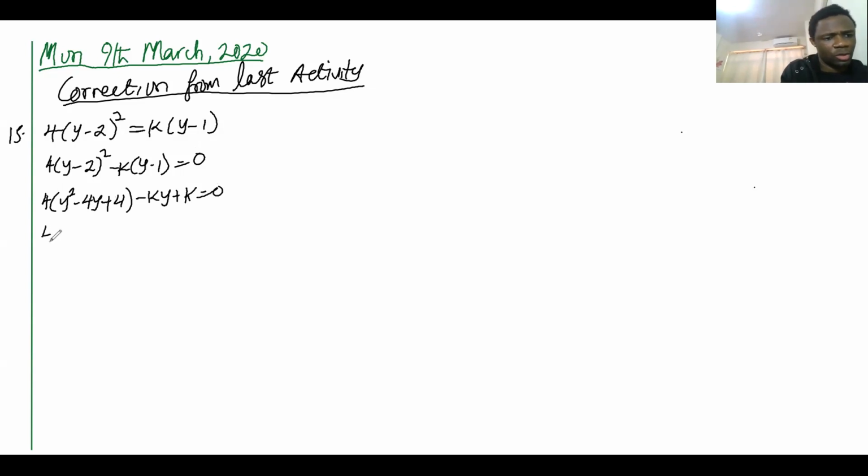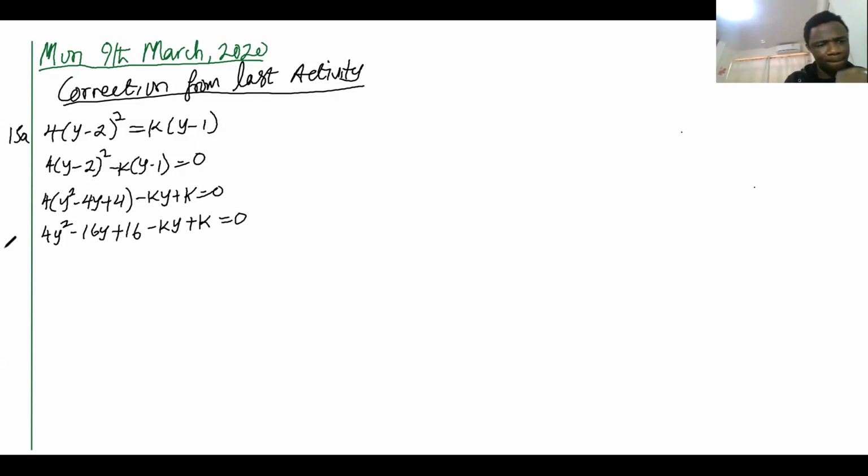So this will be 4y squared minus 16y plus 16 minus ky plus k. I have expanded, so what do I do next? You need to get the a, b, and c from the quadratic equation. This doesn't look like a quadratic equation with 3 terms.